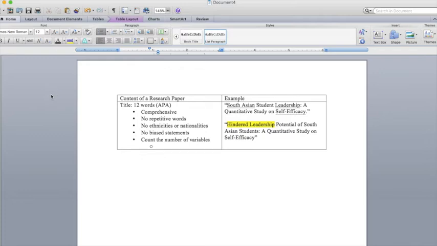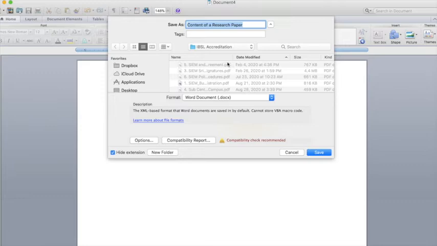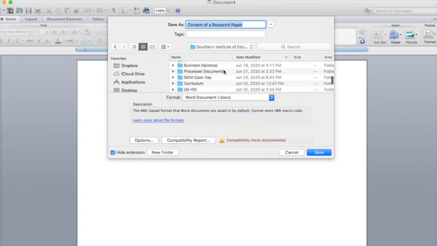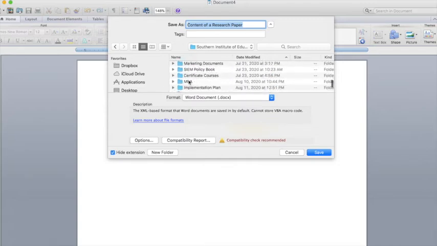Variables need to be kept at a minimum, no more than 3 variables. It's okay to have more variables, but if you have too many variables, it will take you a lifetime to write a proper research report because everything has to be justified, okay.